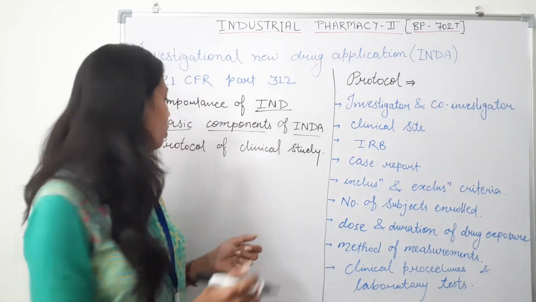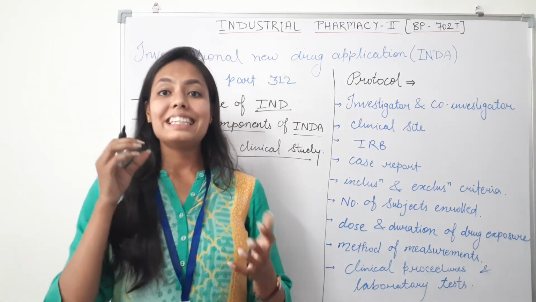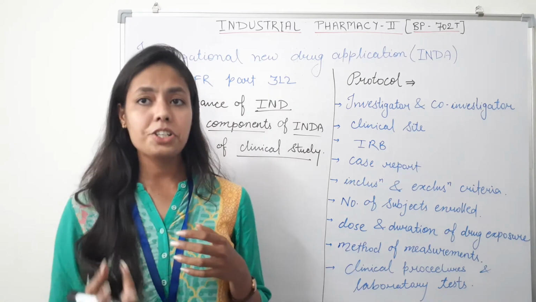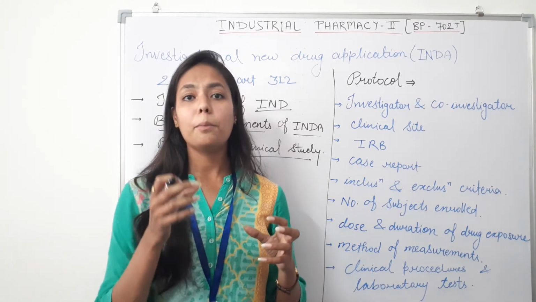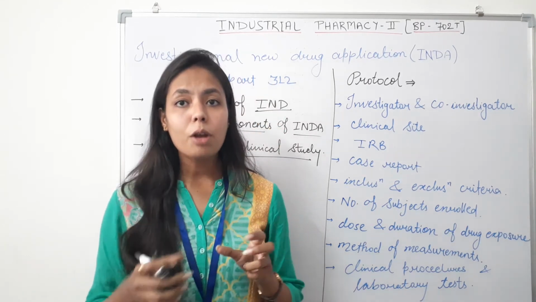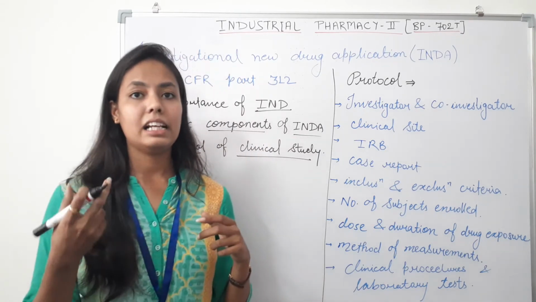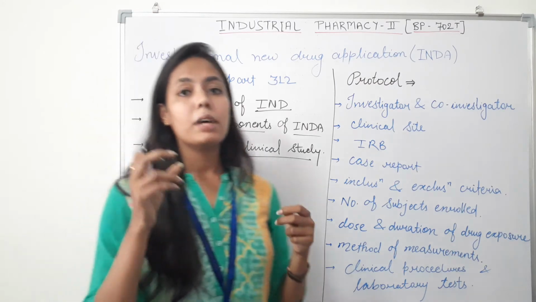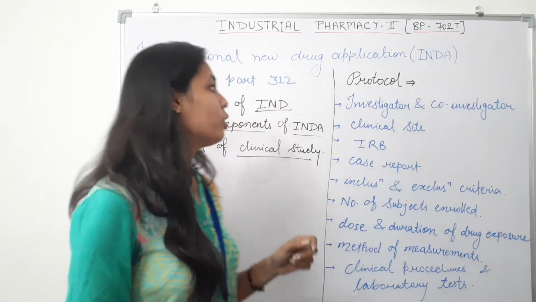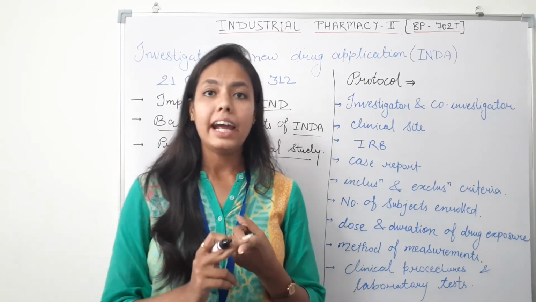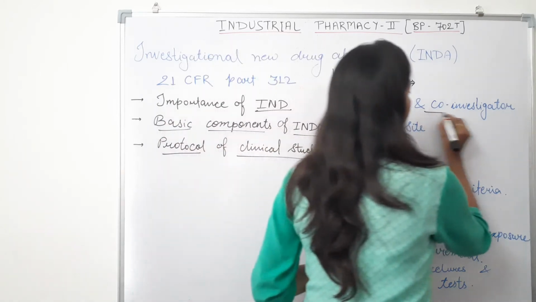So if we talk about the protocol of a clinical study, it is information regarding the conduct of the proposed clinical study. So what is a protocol? A protocol is information regarding the conduct of the proposed clinical trial or clinical study, and it must include various parameters. These include the name, address and qualification of each investigator and co-investigator.